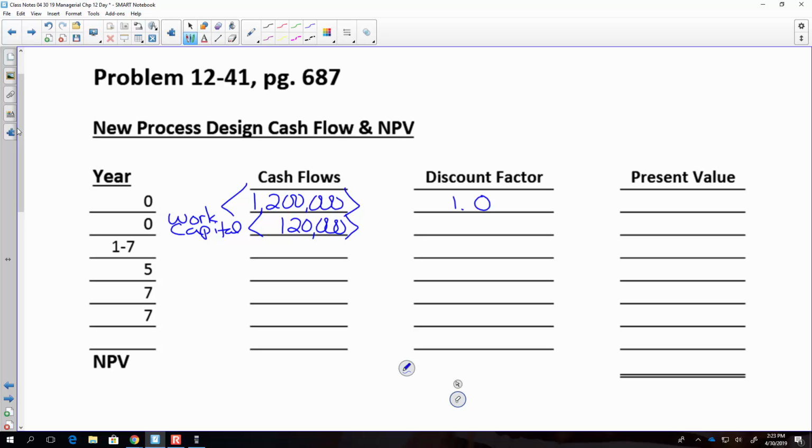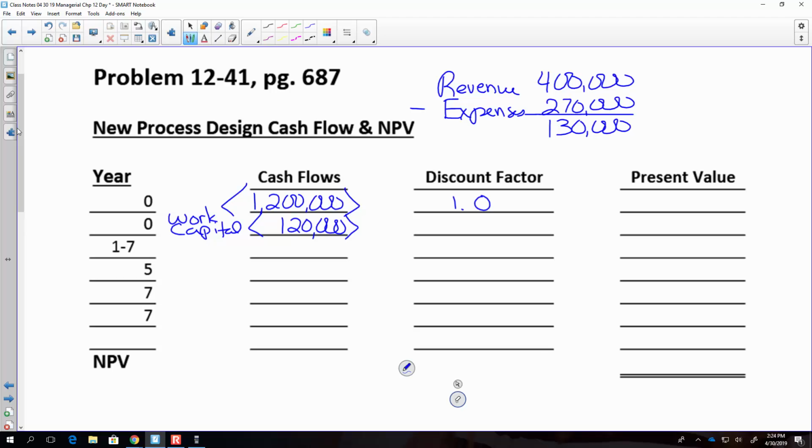At that point in years 1 through 7, they have a positive revenue of 400, but they're spending 270. Remember, there's always expenses with revenue. So my net cash flow is 130.